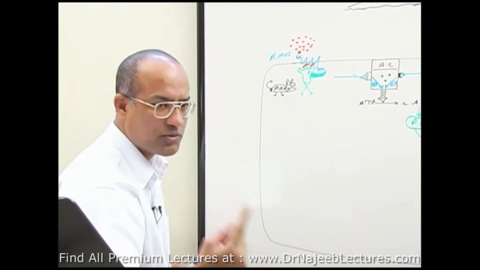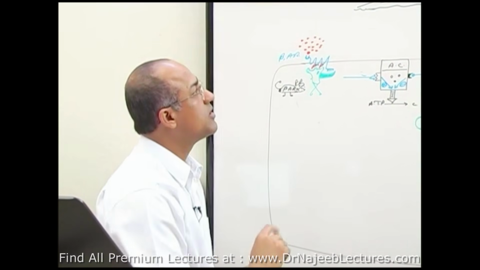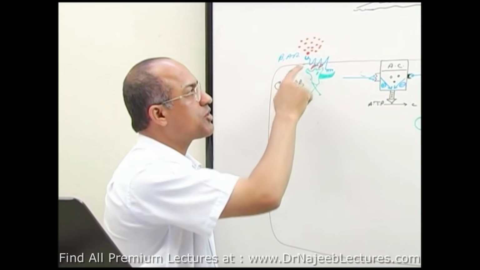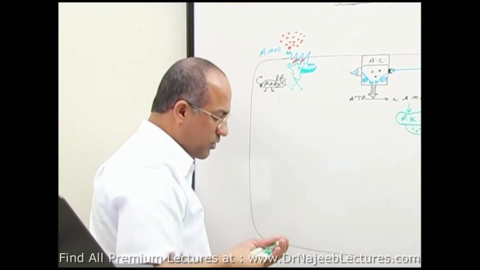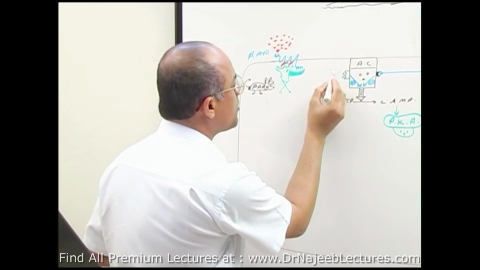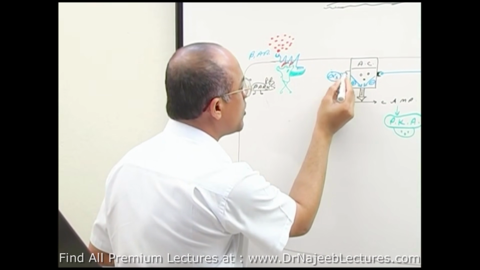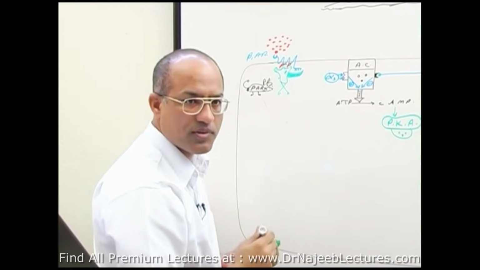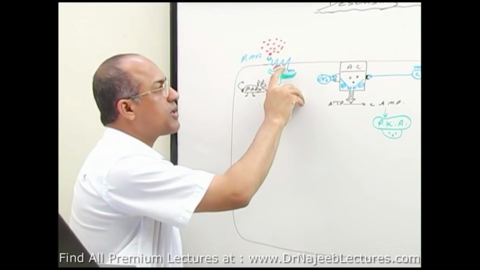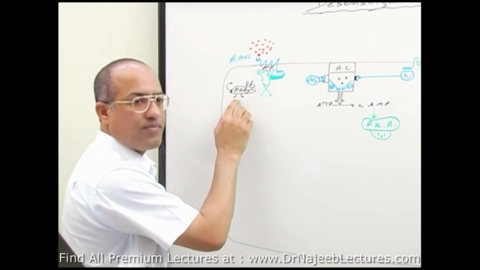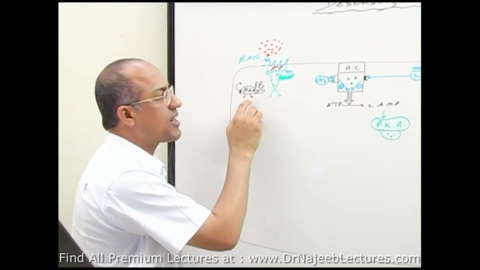Attention please, let me review what happened. Epinephrine came, stimulated the receptor, the receptor stimulated the G protein, and of course the alpha component of the G protein went to stimulate the adenylyl cyclase. Is that clear? Meanwhile, the receptor got phosphorylated by the beta adrenergic receptor kinase.